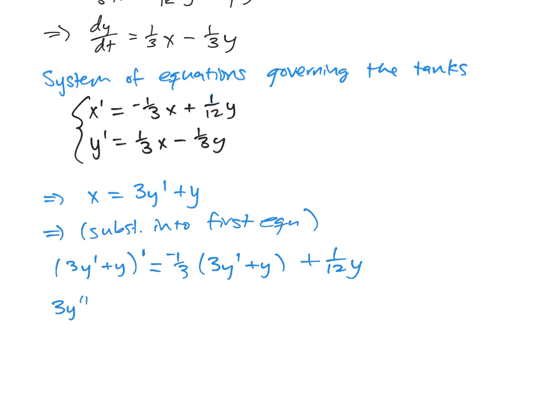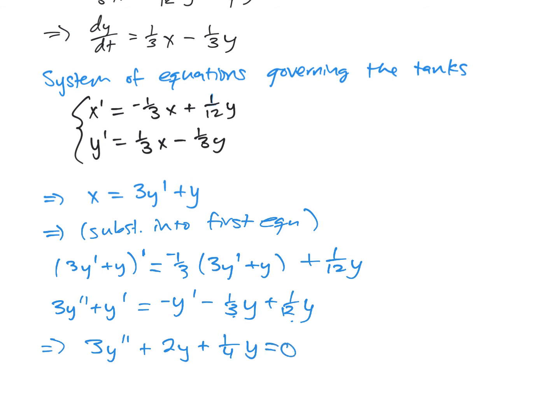So you get 3y double prime plus y prime equals negative y prime minus 1/3 y plus 1/12 y. Combine everything together on one side, and we get this equation: 3y double prime plus 2y prime, and then negative 1/3 plus 1/12 is negative 1/4, flip it to the other side, plus 1/4 y equals 0.